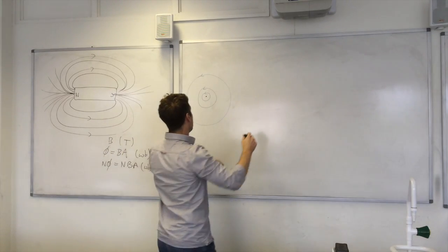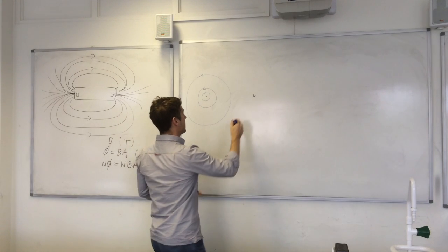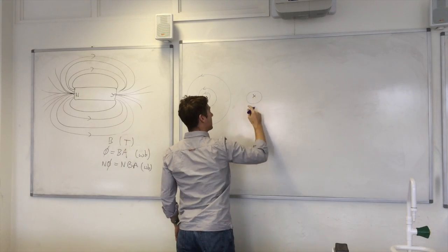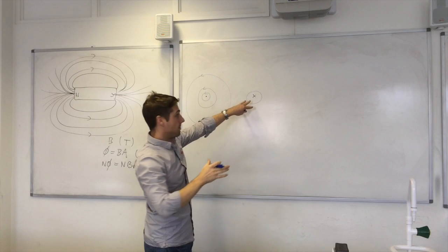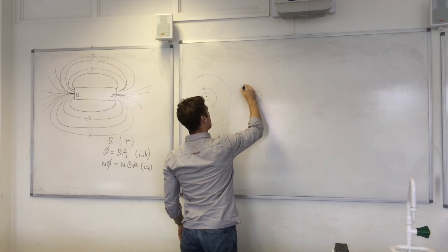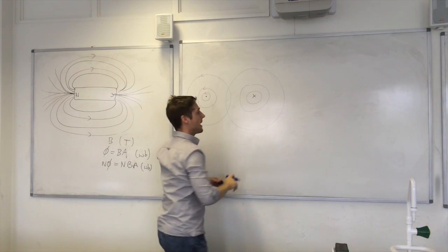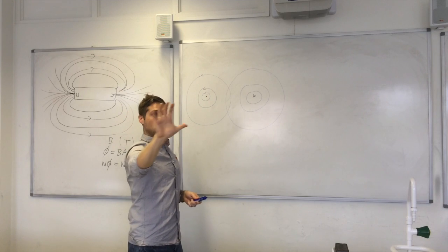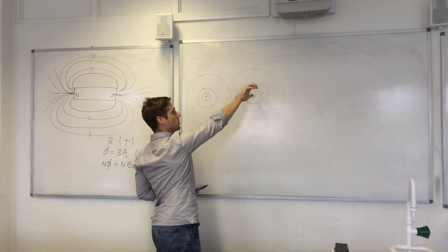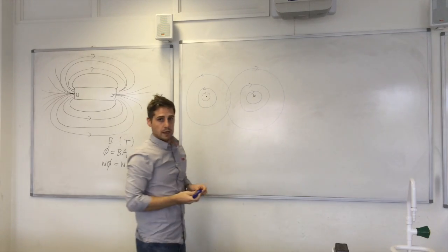If you had current going into the board, so you use a cross for that, then you'd have the same pattern, especially if it's the same size current, then it would have the same spacing as this one here. Okay. And this time, right-hand grip rule is going into the board, so this time the arrows are in the opposite direction, they're clockwise.